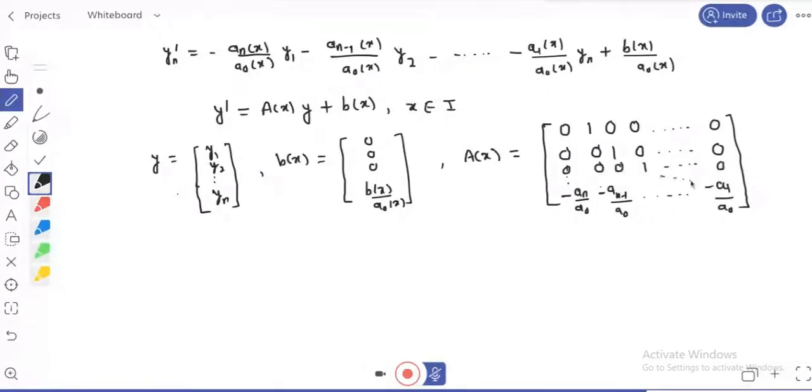This is your form, and it is equivalent to your main equation, that is the nth order differential equation.